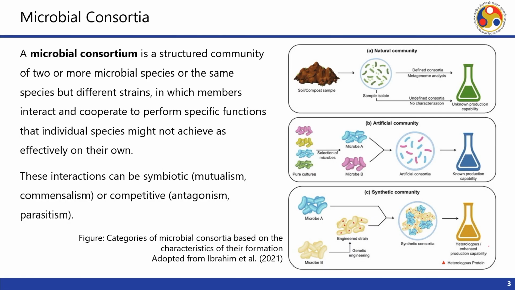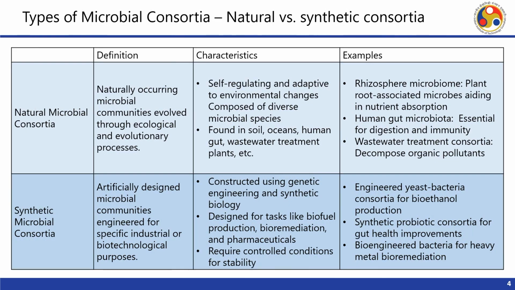Here the production capability is enhanced due to this genetic engineering step taken in the development of the consortia. So, to sum up, we can have natural community, artificial community, and synthetic community.